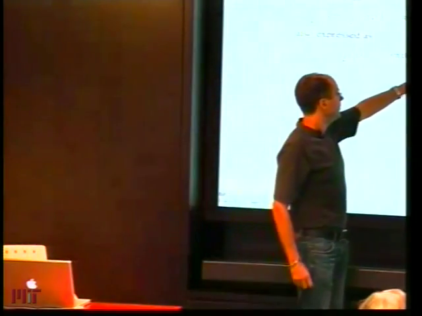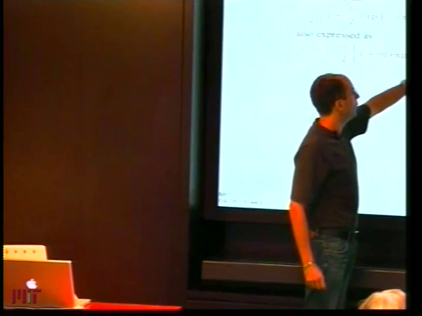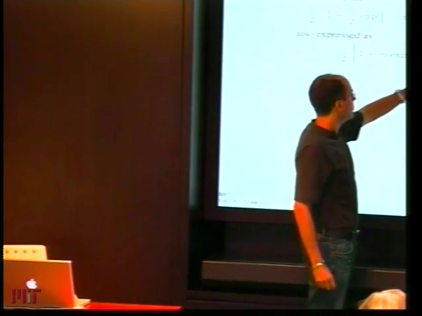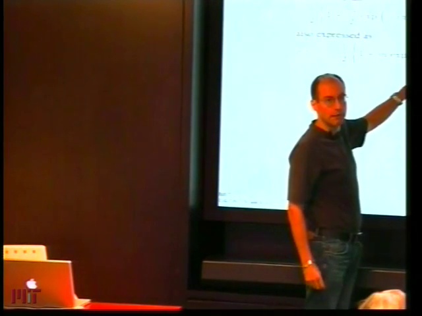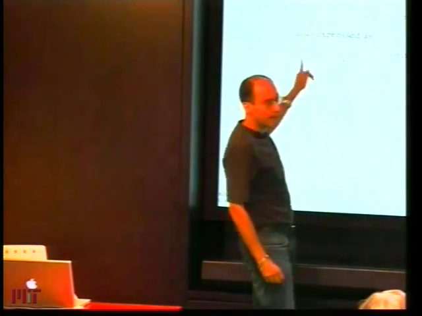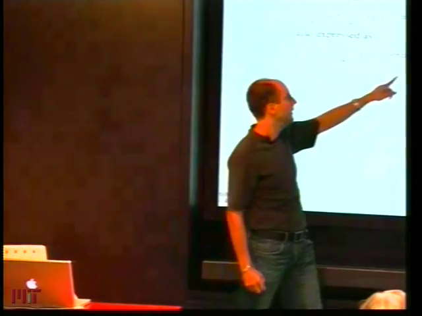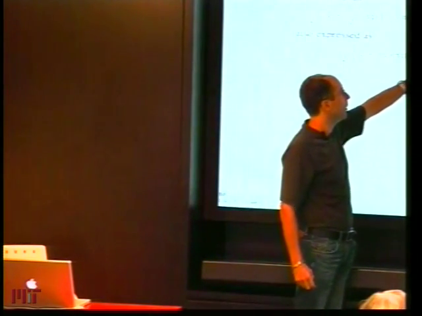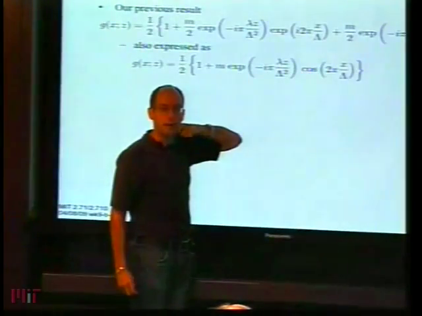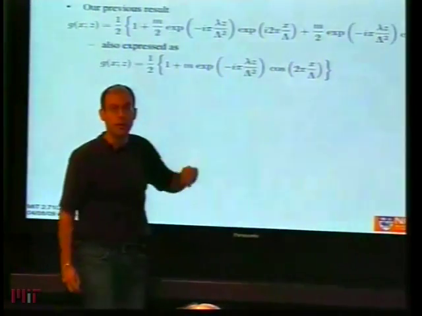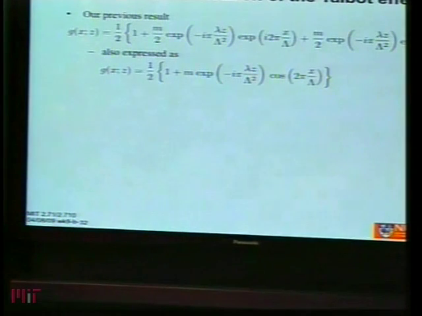And now you can see what I was saying before. This looks like a nasty phase delay that got appended to the diffracted field. This is the diffracted field now, so this is the Fresnel diffraction pattern from a grating. But if this quantity in the exponent happens to be 2 pi, then it is not there anymore. So you recover your original grating.